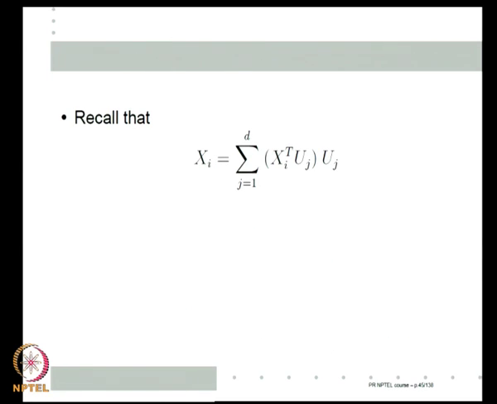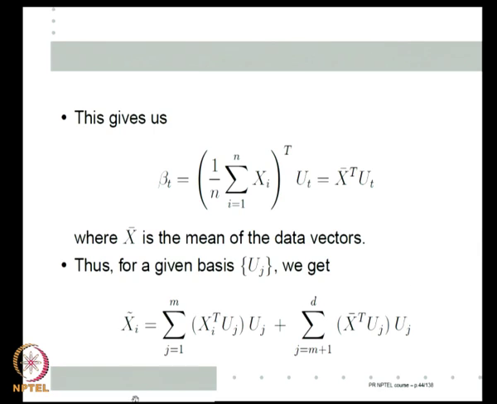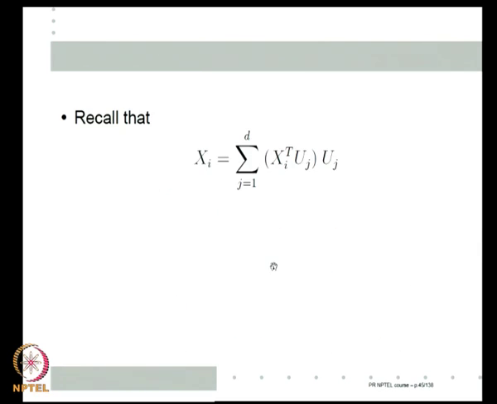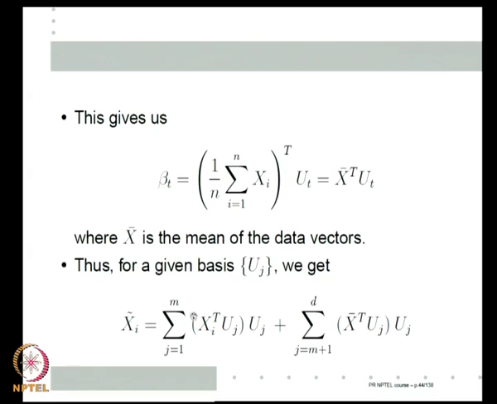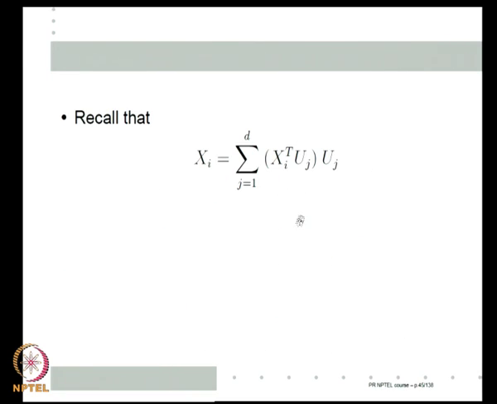So, this is xi tilde. This is the best representation we get for a given choice of uj, and we know that xi is this. So, if I want xi minus xi tilde, for the first m uj's it is the same. Xi tilde here is sum over j equal to 1 to m of xi transpose uj, and here also it is the same thing.